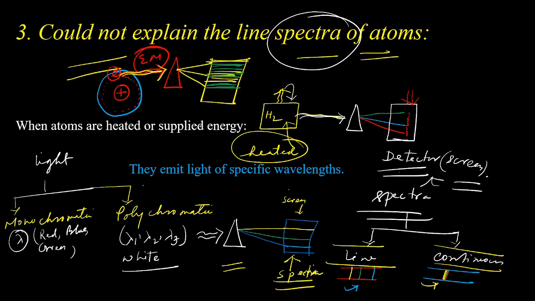We cannot separate the lines. So this might be the case if the atoms would follow the Rutherford atomic model. The spectrum of the atoms would be continuous if they follow Rutherford's atomic model.